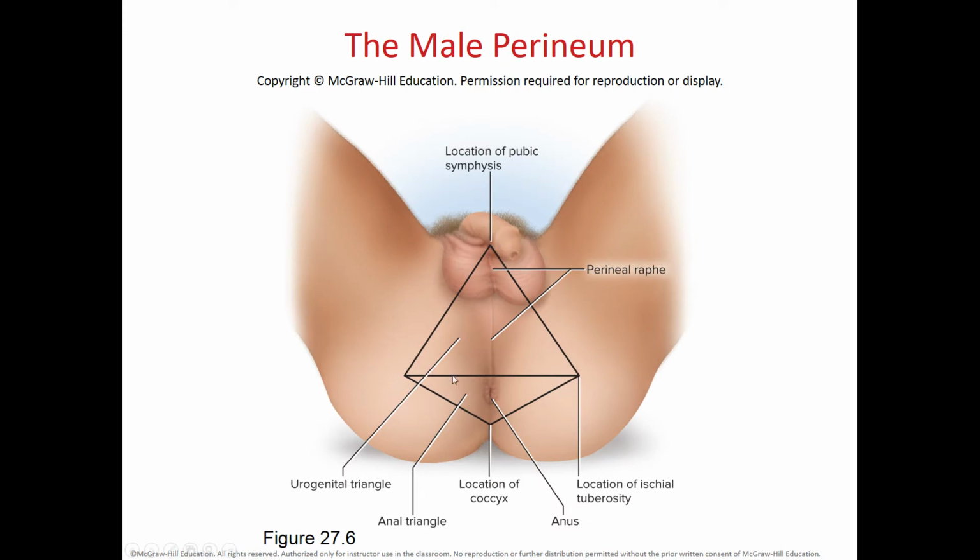It's diamond shaped, and this perineal area is subdivided into the urogenital triangle and then the anal triangle, where you have the anus. Now within this urogenital triangle, you can see this folding that is called the perineal raphe, which points where the right and left parts of the body fuse. And then here is the scrotal raphe, which is a continuation of the perineal raphe at some point.